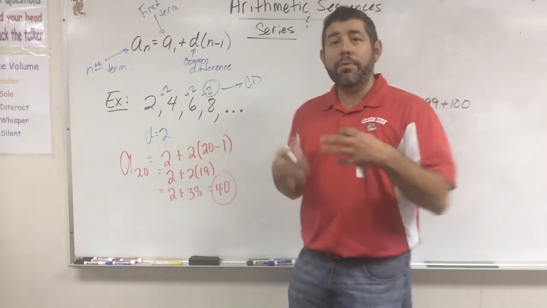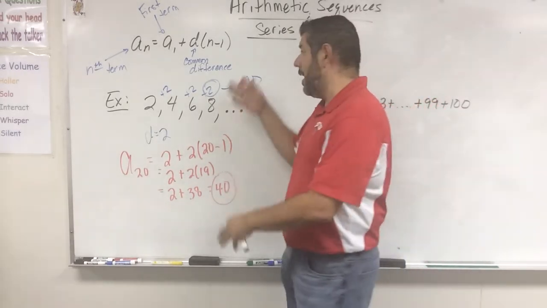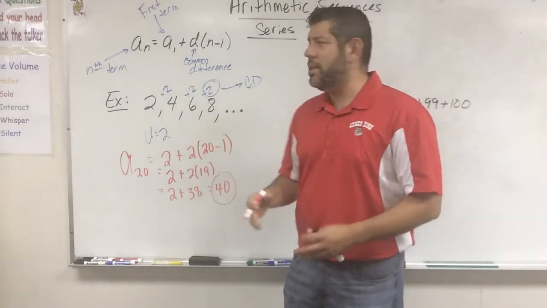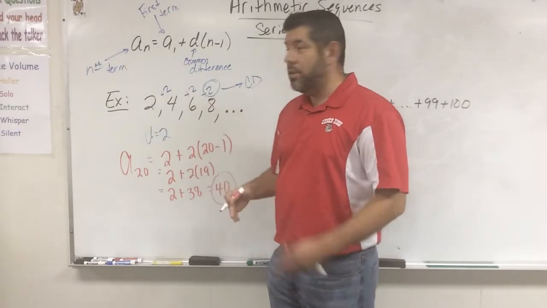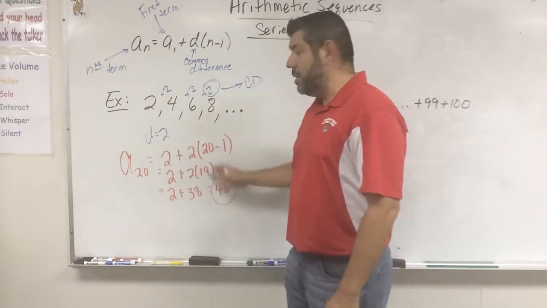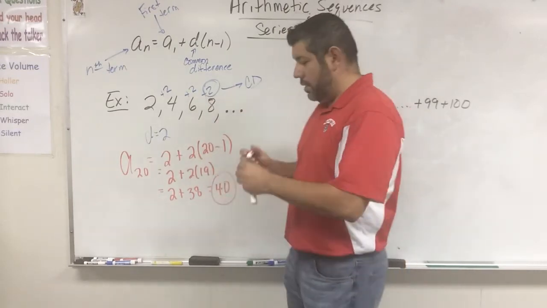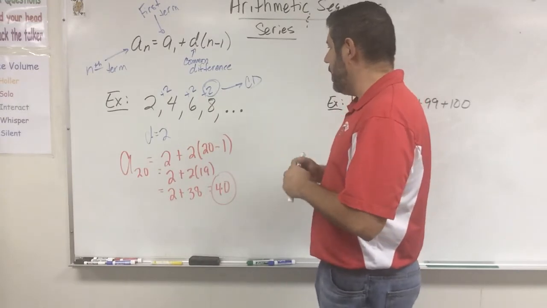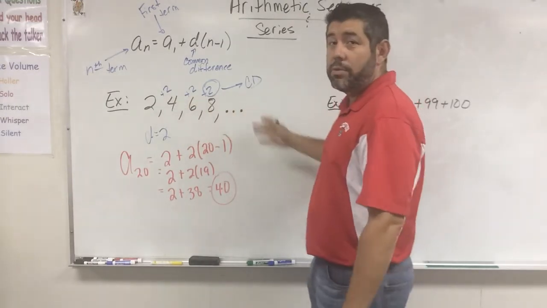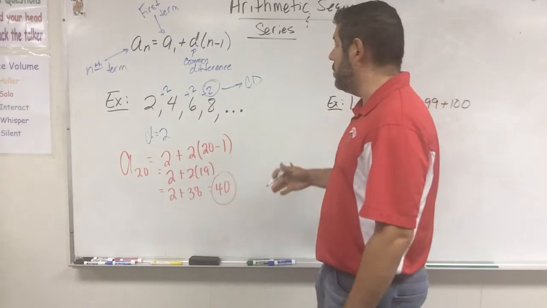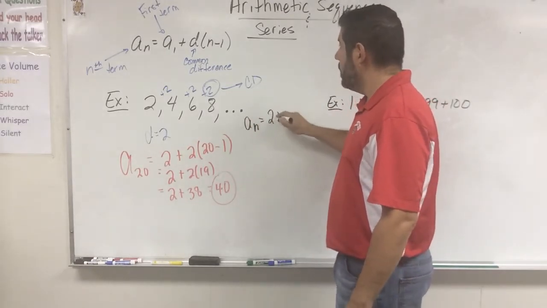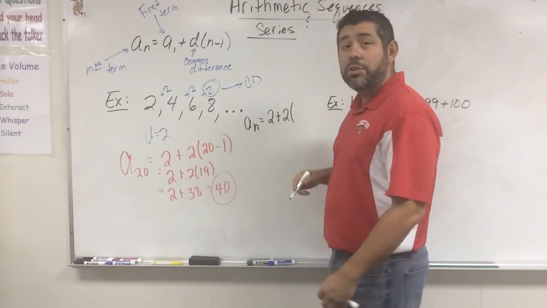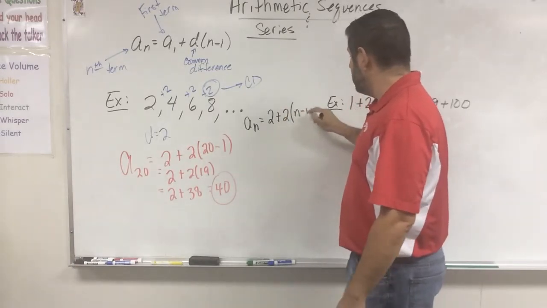Now, a couple things to remember. There are some other things you can do with it. We can come up with the formula for the nth term by plugging in what we know and keeping n by itself. Let's say these are all the even numbers. If we wanted a formula for the even numbers, we would say a sub n is equal to 2 plus d, which is 2, times n minus 1.